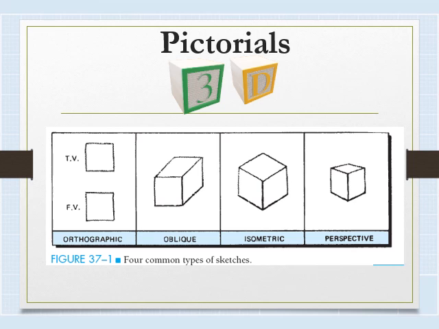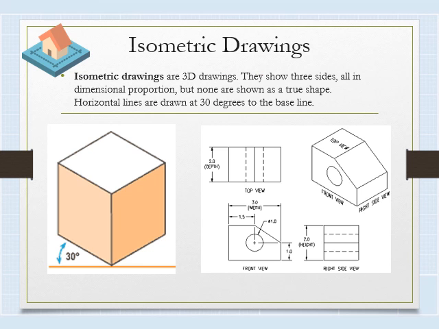In lesson number 1 we covered orthographics: front view, top view, right side view. But in lesson 7, we learned about three types of pictorial drawings: oblique, isometric, and perspective. In an isometric drawing, an edge faces you, and the receding lines go back at 30 degrees.